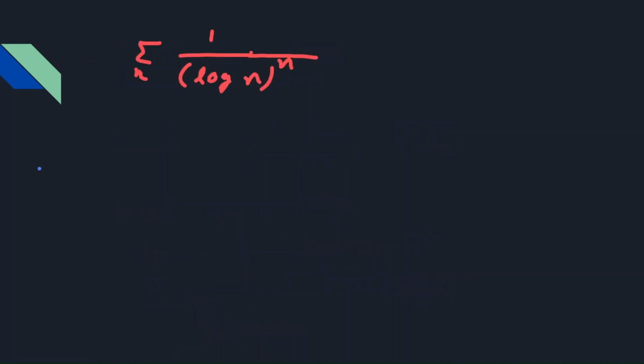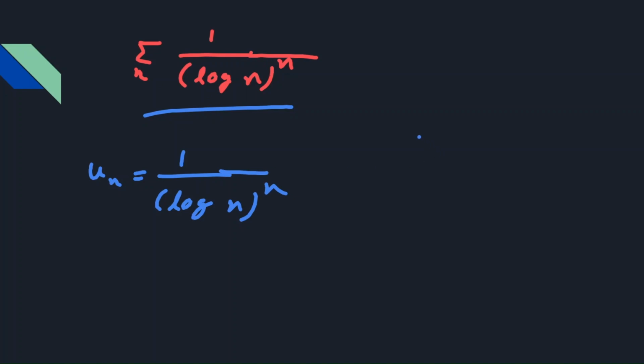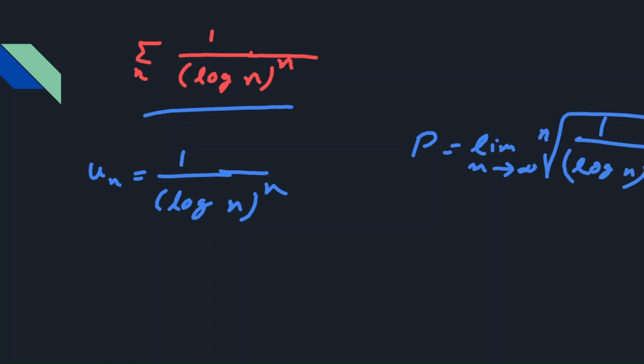Here is an example. We have to find whether this series is convergent or not, and we'll use Cauchy's root test. First, we define un is equal to 1 by log n, to the power n. Now what will be the term p? That is limit n tends to infinity of the nth root of 1 by log n to the power n.